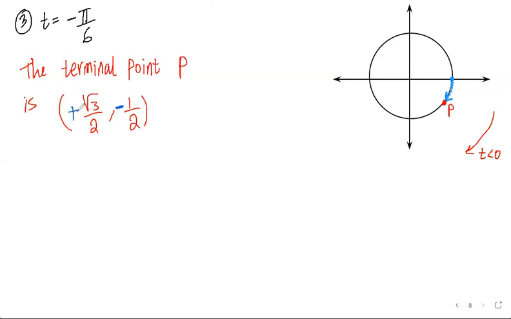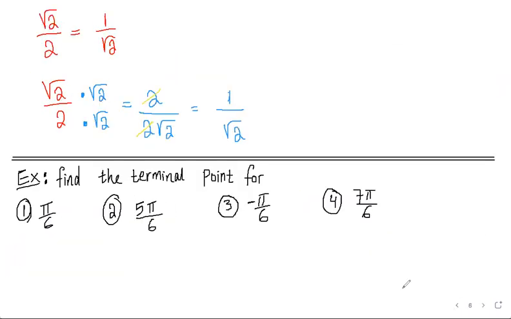So the terminal point will be positive x, square root of 3 over 2, and negative 1/2. Any question? Now for the fourth one, 7 pi over 6.